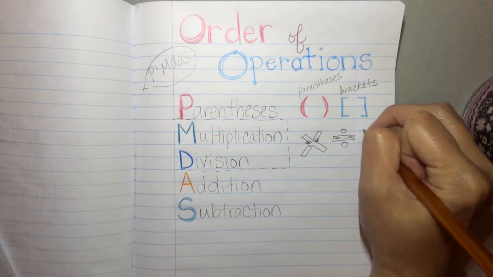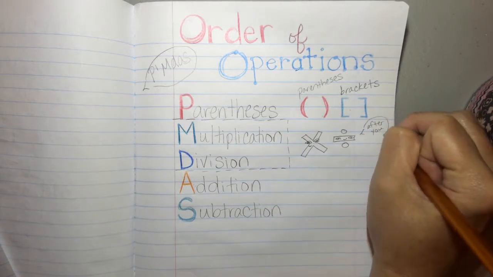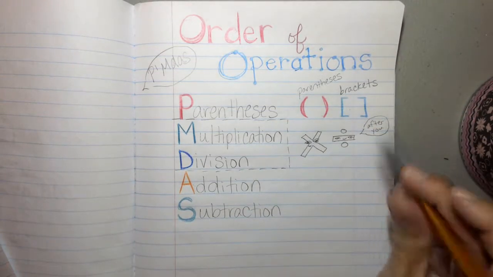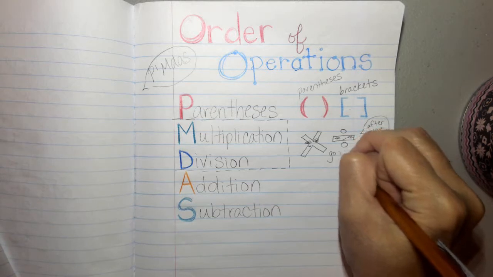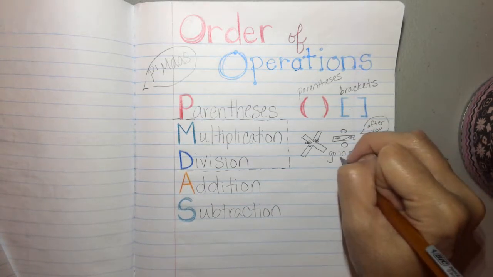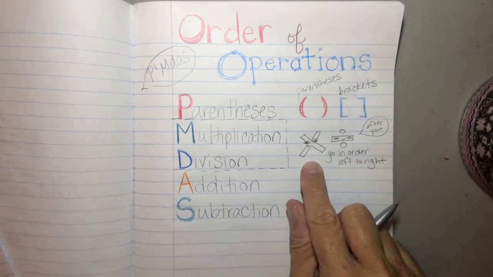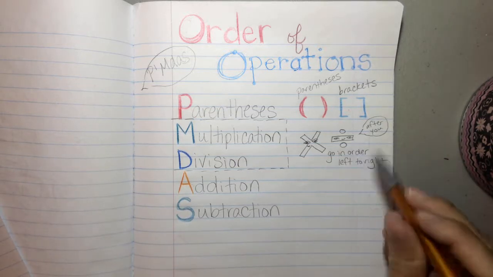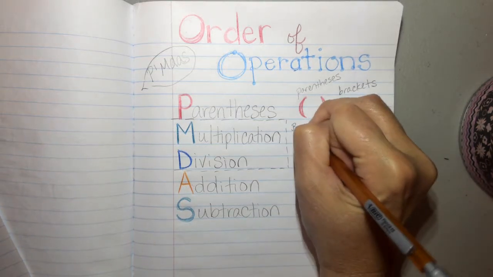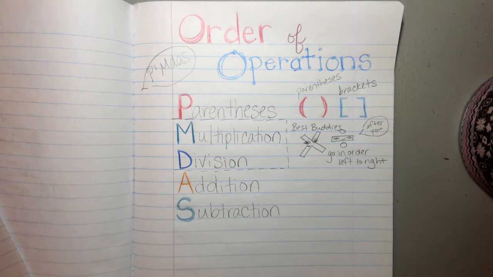They always say, "After you, no, after you," and so they just go in order, left to right. If multiplication happens to be first, you'll deal with him first. If division happens to be first, you deal with him first. They don't mind flipping and flopping, so they just go left to right, like a line order.